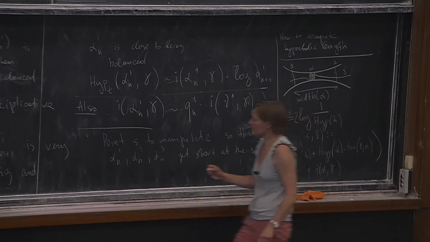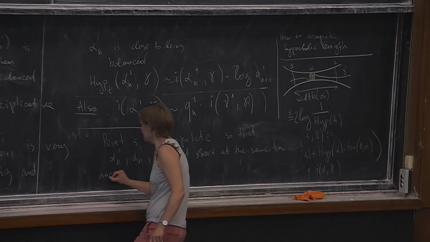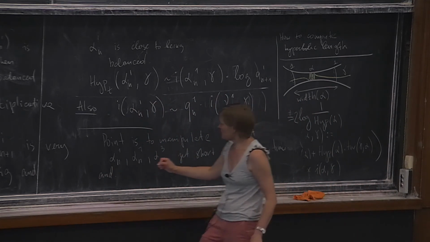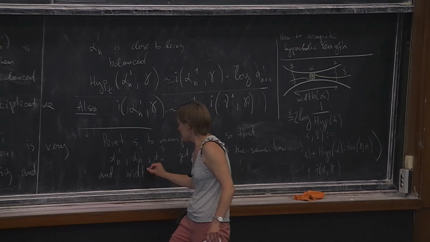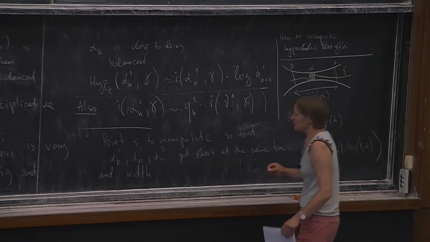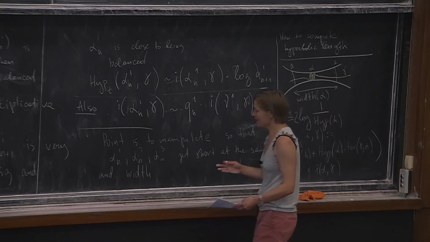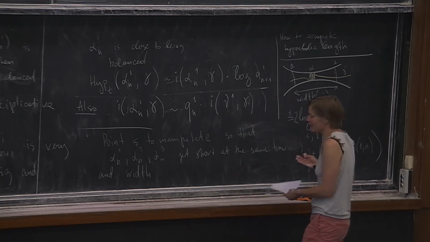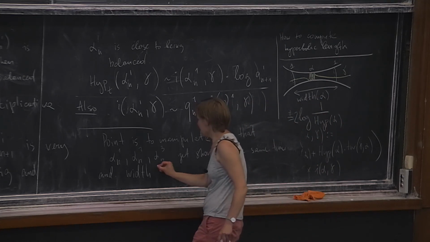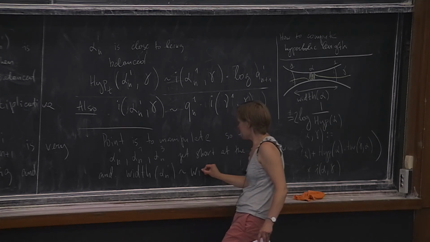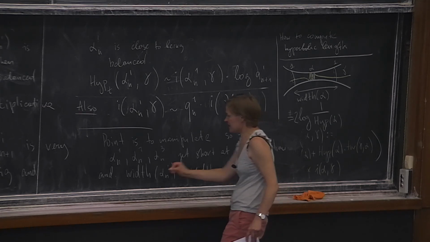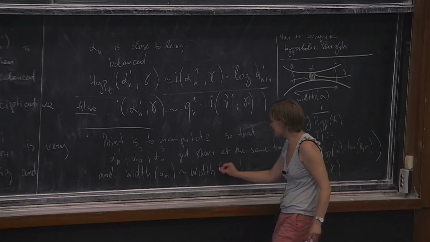Their widths are, of course, very different, but they are so big that the ratios go to 1. So the widths of alpha n are all about the same at the time when they're, of course, smallest.